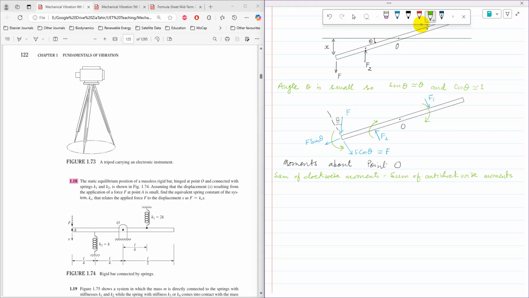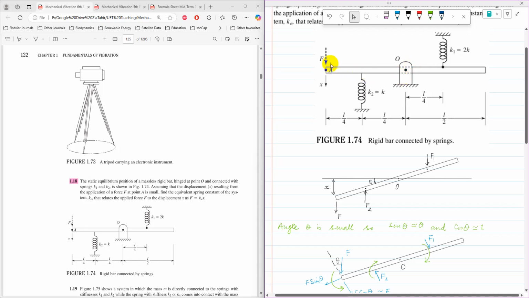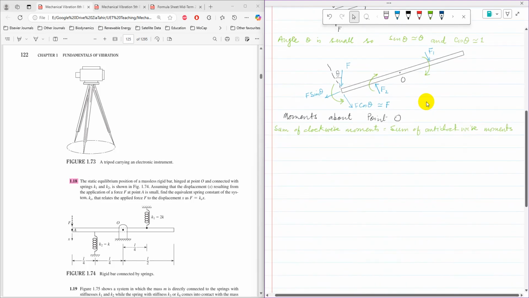So the forces are simply multiplied by the distances. F is at a distance of L by 2 from O, F2 is at a distance of L by 4, and F1 is at a distance of L by 4, sorry, from the point O.